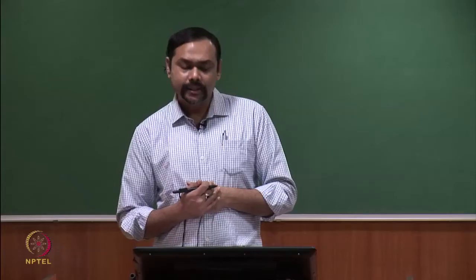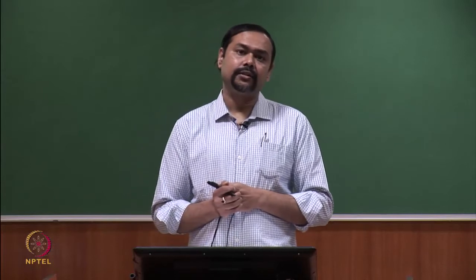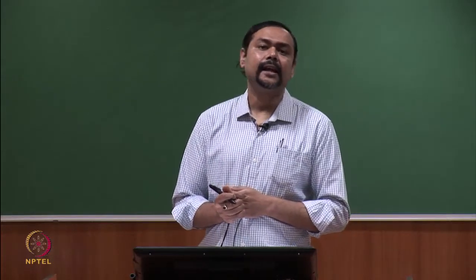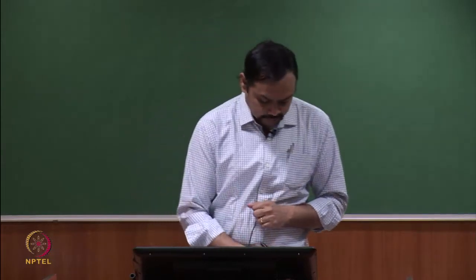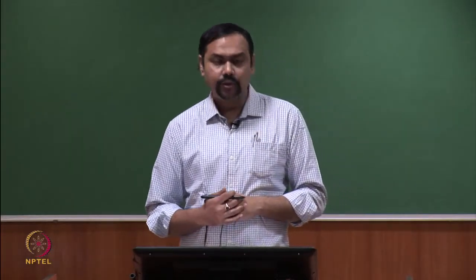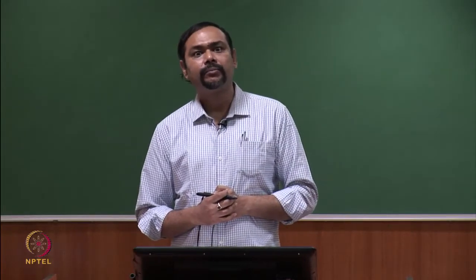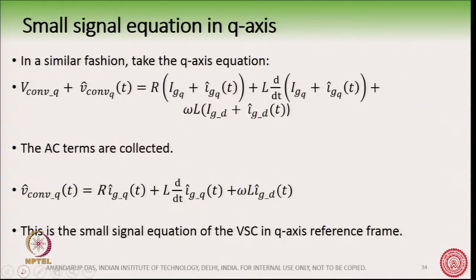This is the small signal equation of the VSC in the d axis reference frame. In a similar way, you can collect the AC terms from the q axis equation, and we get this equation here, which is the small signal equation of the VSC in the q axis reference frame.